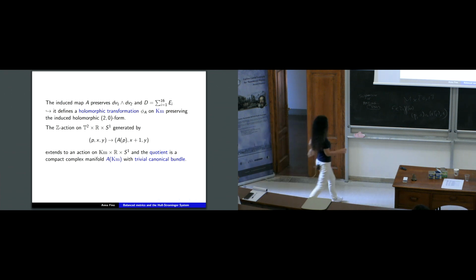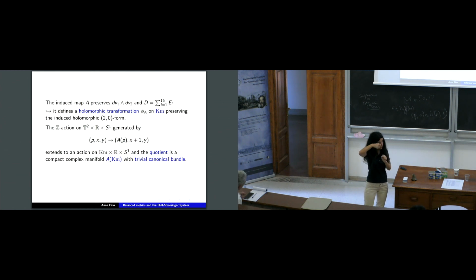So now we can take just the action. Another way to describe this mapping torus is to take the product M times R and take the quotient by the cyclic group generated by the diffeomorphism, which is equivalent, okay?